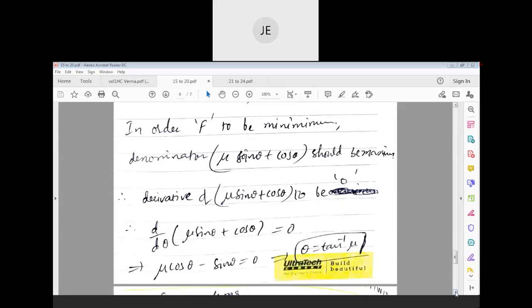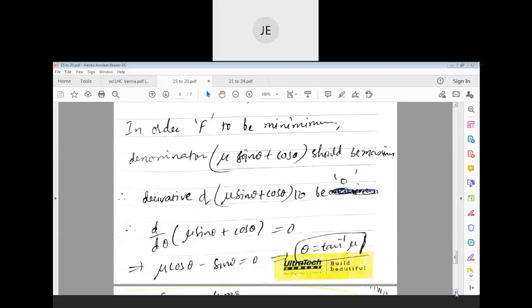So d by d theta of (mu sin theta plus cos theta) is equal to 0. You apply derivation principles: derivative of sin theta is cos theta, derivative of cos theta is minus sin theta. So from here, theta is equal to tan inverse of mu.